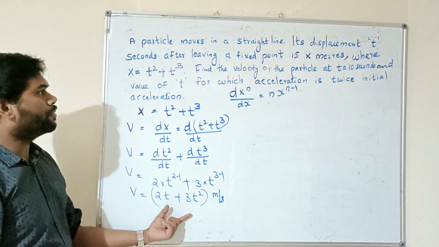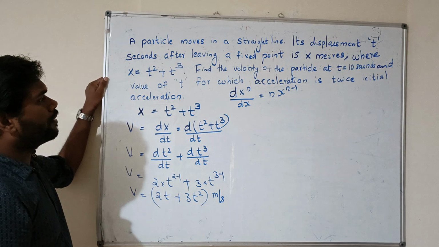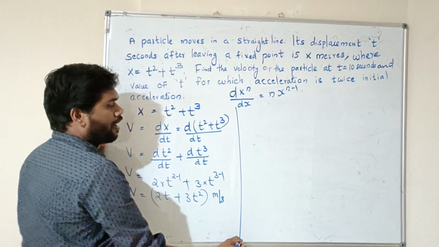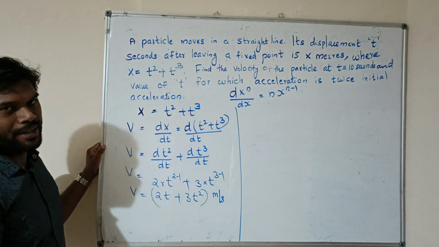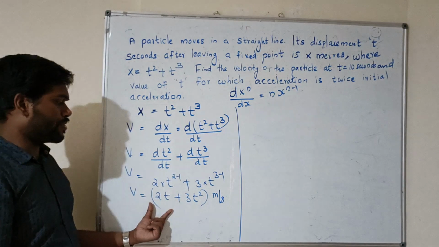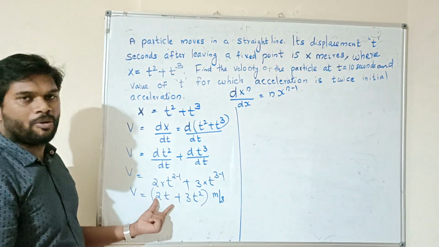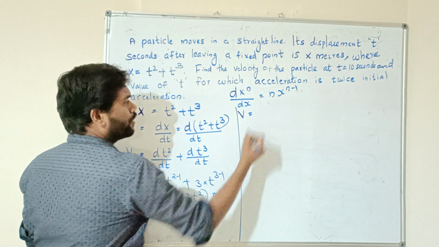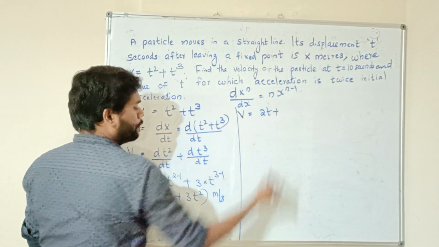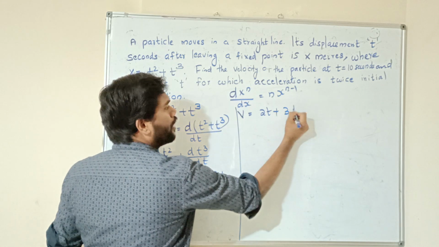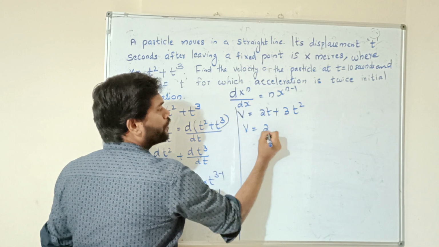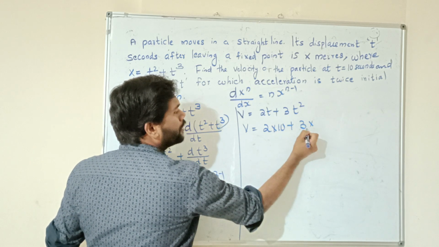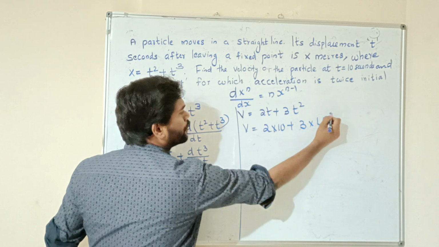We can't stop here because they are asking the velocity of the particle at time t is equal to 10 seconds. So we'll find the velocity after t is equal to 10 seconds next. For that, we use this equation and substitute t is equal to 10 seconds. So v is equal to 2 into t plus 3t square, v is equal to 2 into 10 plus 3 into 10 square.